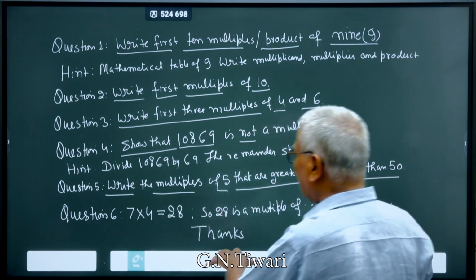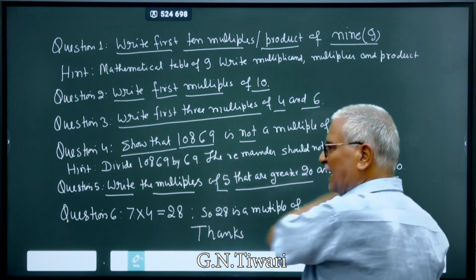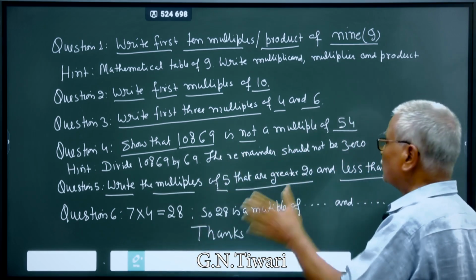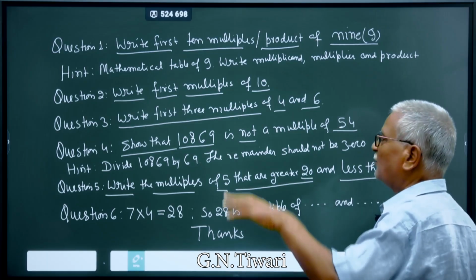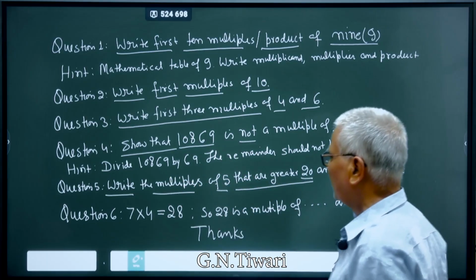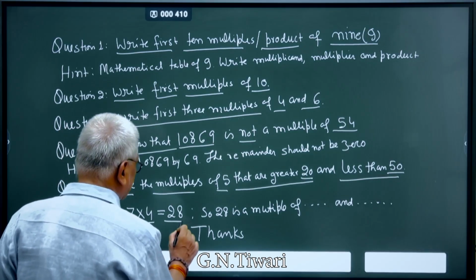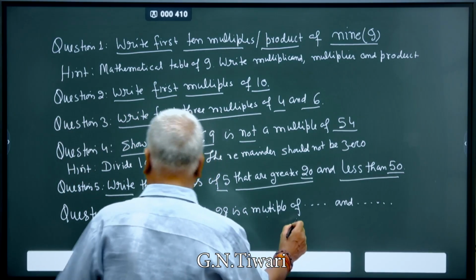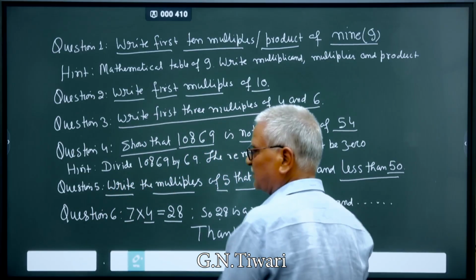So in this, you start the table of 5 from 1 to 50, and see which multiples are more than 20 and less than 50, those are your multiples. Now see question 6, 7 into 4 is equal to 28. So the question is, 28 is a multiple of 4 as well as 7. Thank you very much.